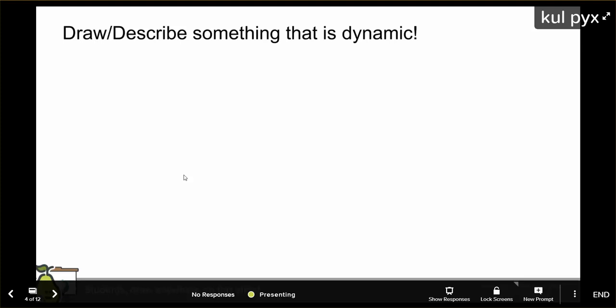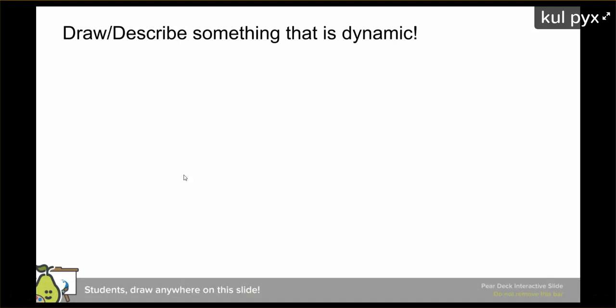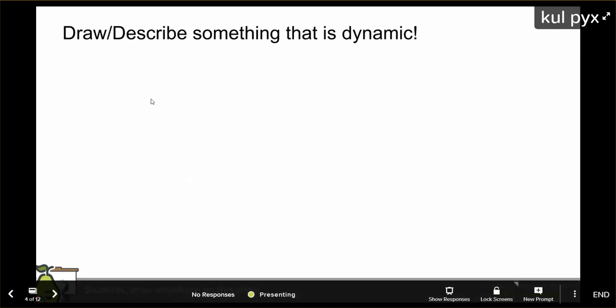But like a good basketball game or a good football game, right? A lot of movement would be going on. Or things like a roller coaster, right? Lots of ups, lots of downs, right? Or, right, if drawing's not your thing, again, try to describe something that is. Right? And that's what I want to see on slide number 4.